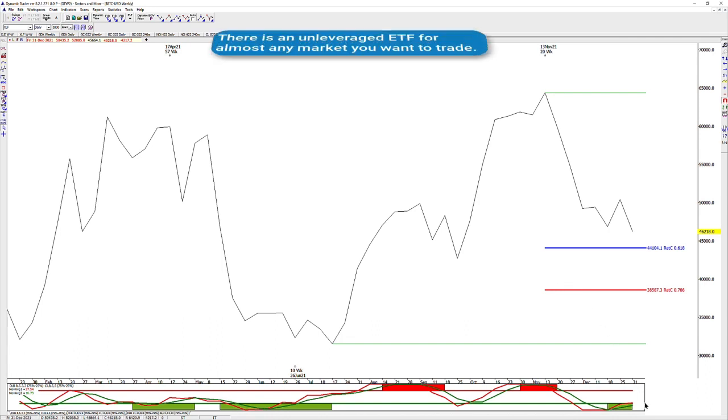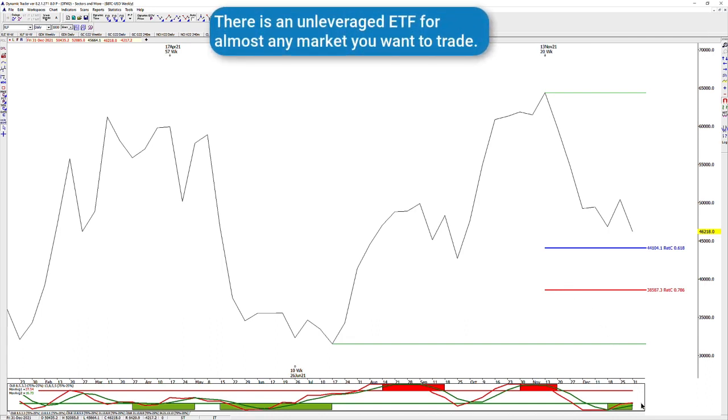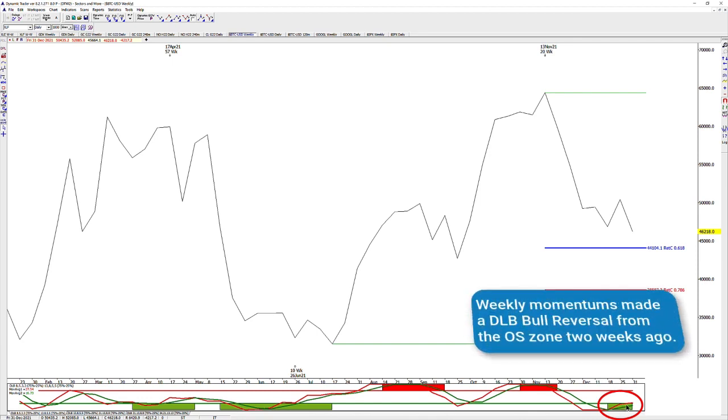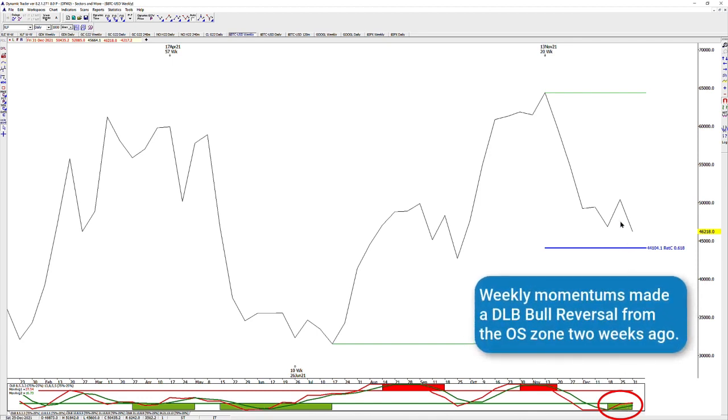So here's Bitcoin weekly. What's intriguing here is the weekly momentums are dual look back bullish from the oversold zone. They just made a weekly momentum bull reversal the prior week, not this past week, but the week before that, from the oversold zone.